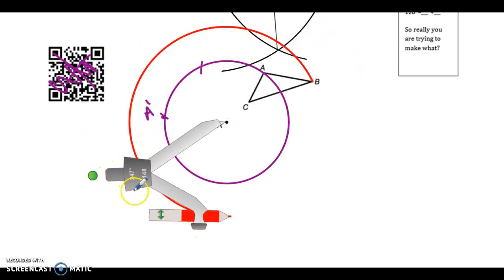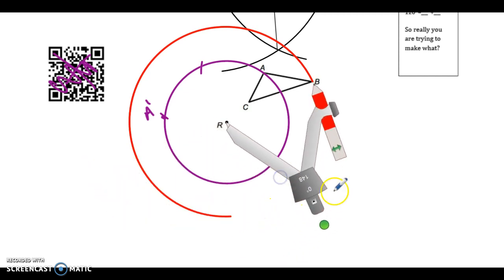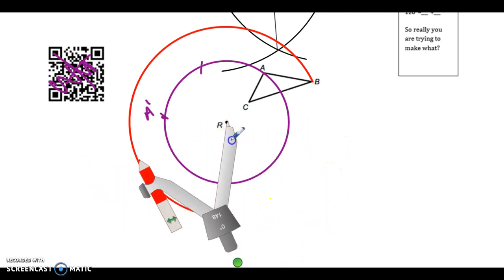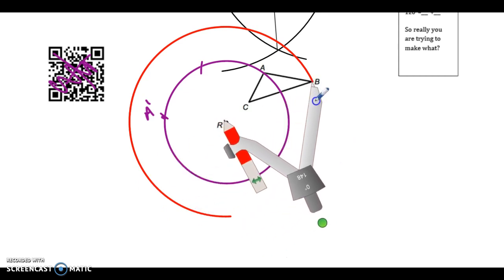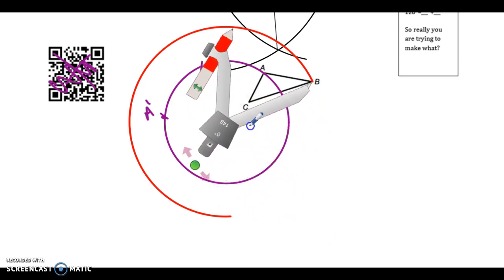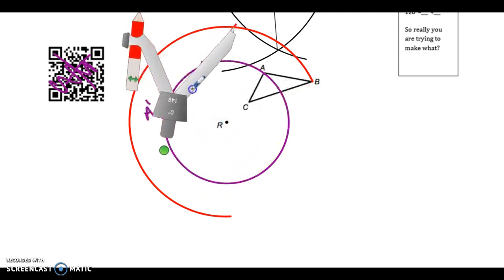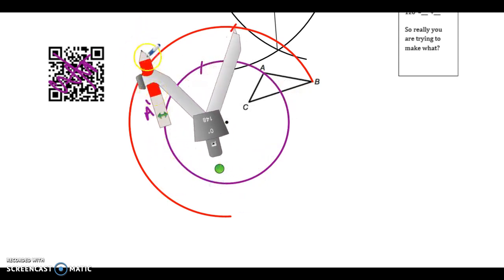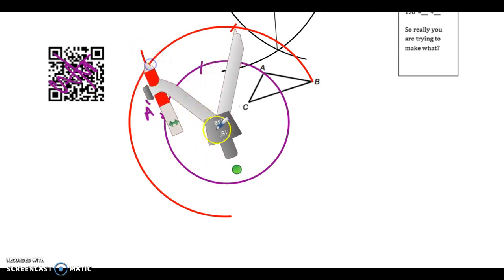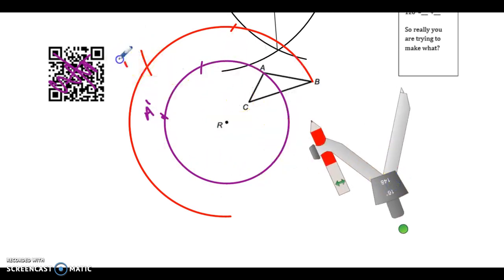And so when I move this so that my point is at B, I should be able to mark off my first 60 degrees right here, and then my second 60 degrees is going to be more over here. And so that should give me my B prime. I said I wasn't going to do that for you, and I did it anyway. All right, so there's B prime. All right, you finish up by finding C prime.